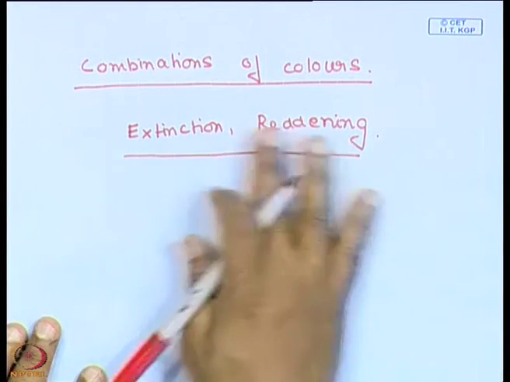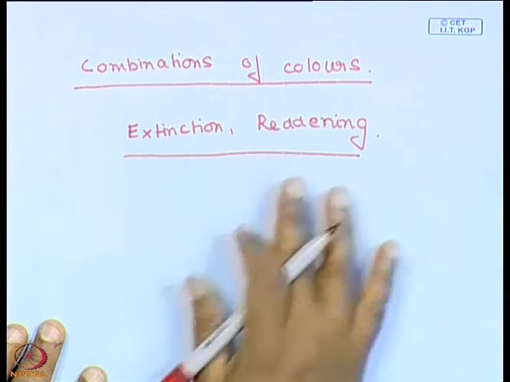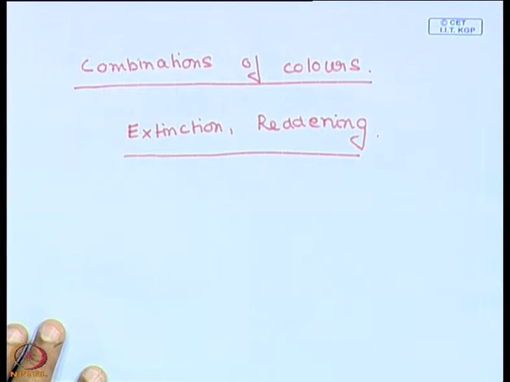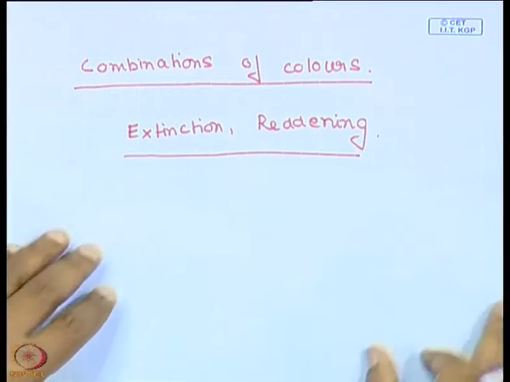They both will occur together, okay. They do not occur separately, that is the main point. And using this you can actually work out how much of extinction has taken place and correct for it. So, this is a thing that one has to bear in mind.